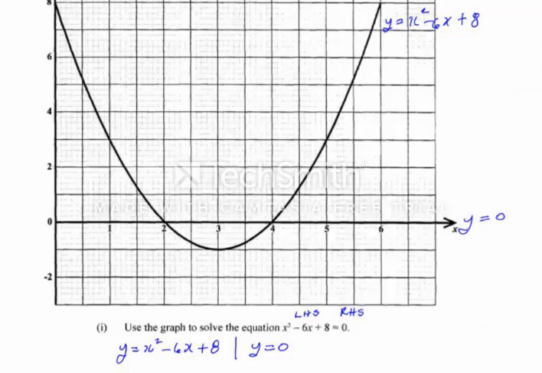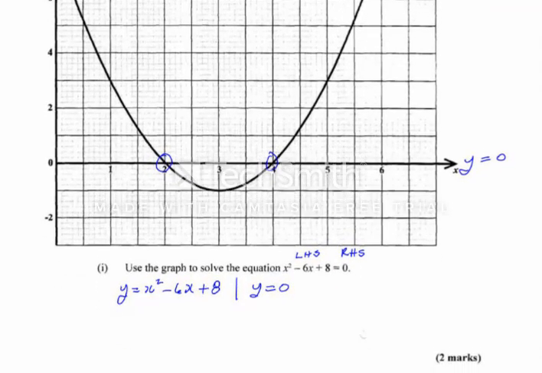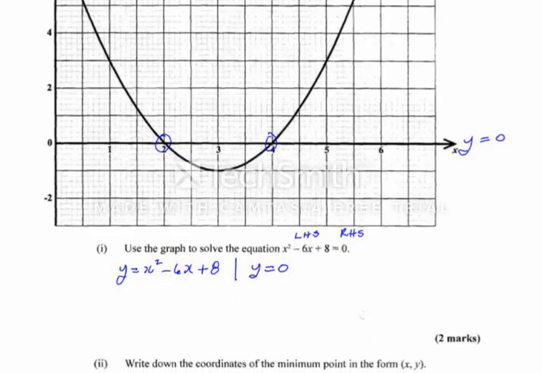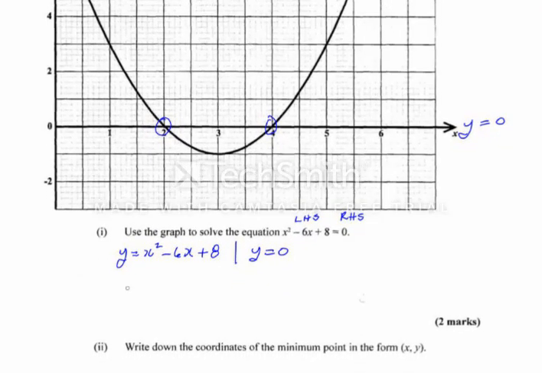The solution is the value of x where the two graphs intersect. The two graphs intersect here and here, where the values of x are 2 and 4. So the solutions of the equation are x is equal to 2 and x is equal to 4.